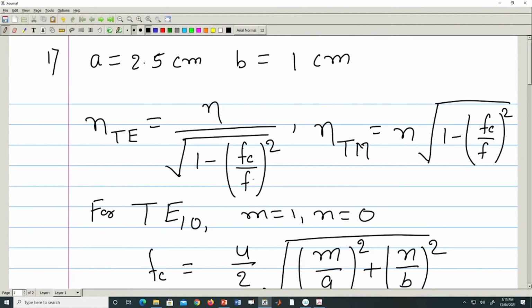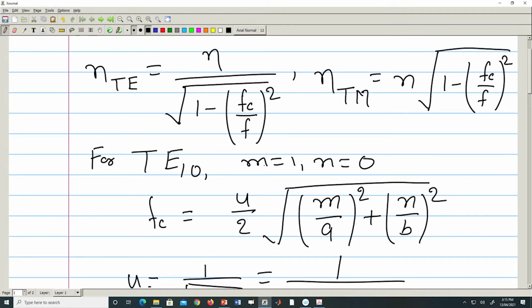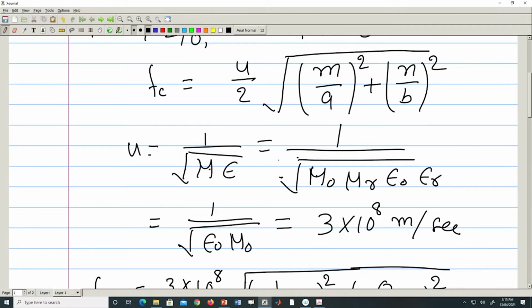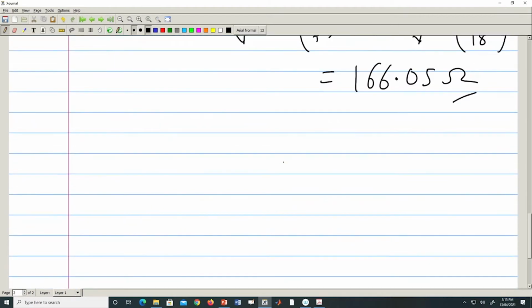So, here it is u by 2 into the square root of (m by a) whole square plus (n by b) whole square. So, fc will be changed. First we can do it for the TE10 mode. For the second problem, fc for the TE10 mode, we can calculate as u by 2 into the square root of (m by a) whole square plus (n by b) whole square.